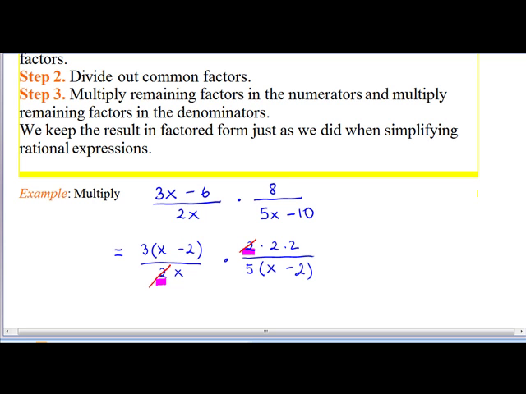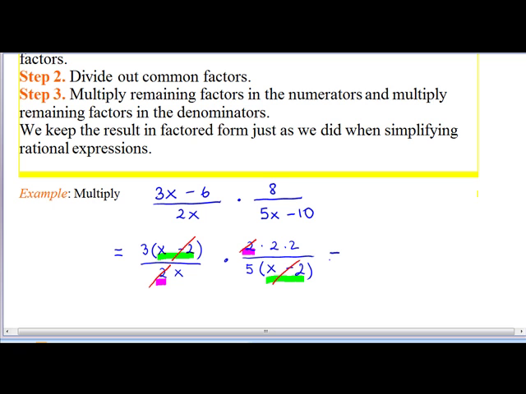And then x minus 2 is a common factor here too, so I'm going to cancel this out. Let's see, is there anything else we can cancel out? Pretty much that. So we're done with the cancellation.